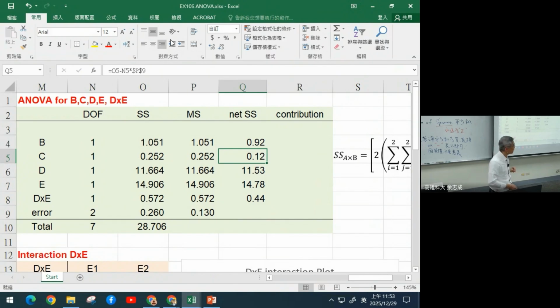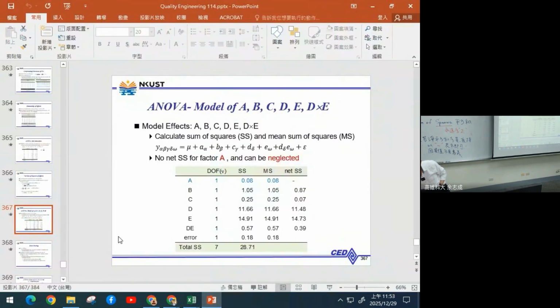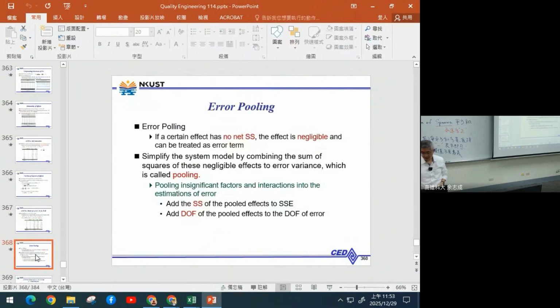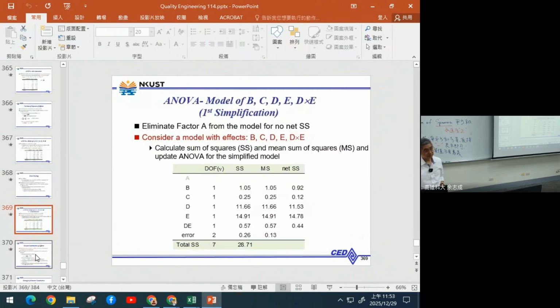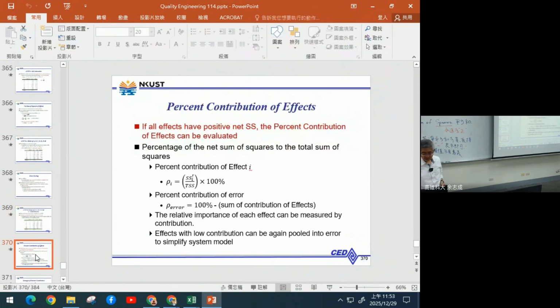And now we want to calculate the contribution percentage. But remember one thing, the contribution percentage can be calculated only if there is no negative net sum of square. The percentage will be the net sum of square divided by total sum of square, multiplied by 100 percent.